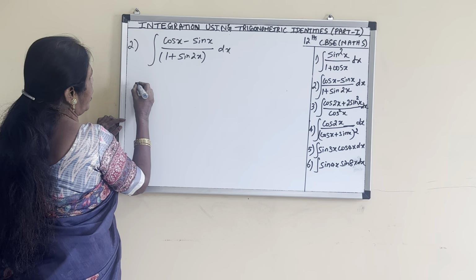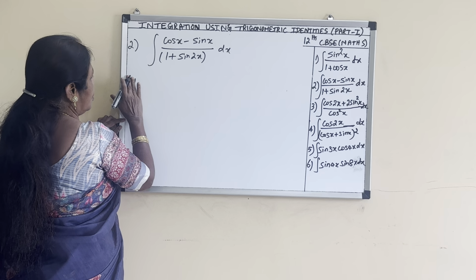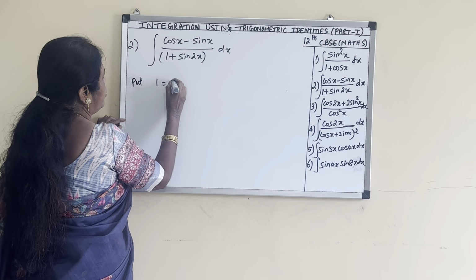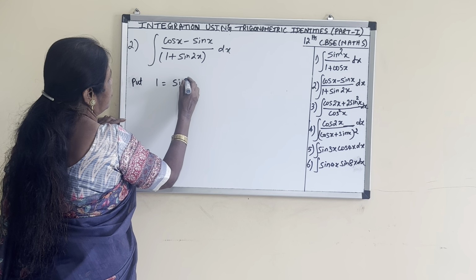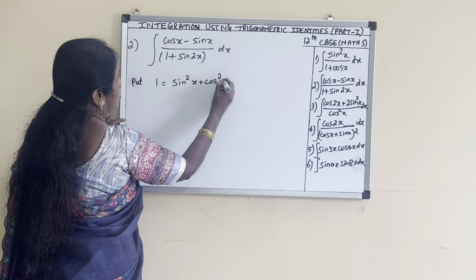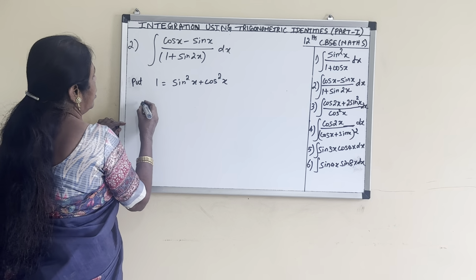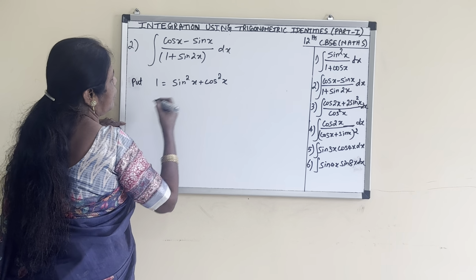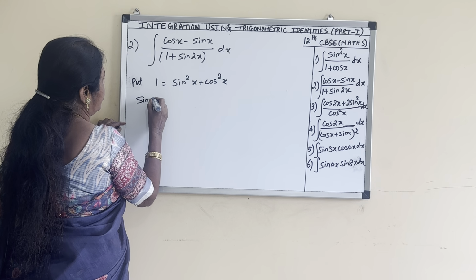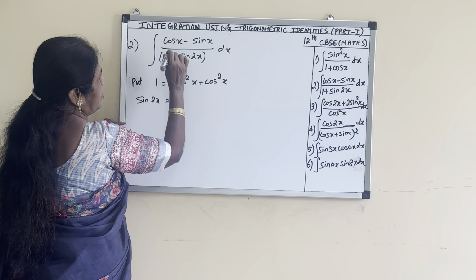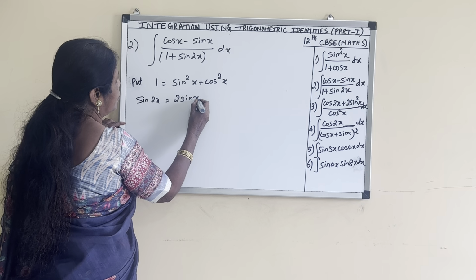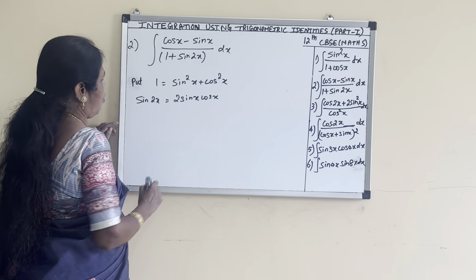So I want to write, let, or we can use the word put, 1 equal to sin squared x plus cos squared x. Right? And next, in the place of 1, I will be writing sin squared x plus cos squared x. Next, sin 2x formula. I want it in terms of, what is the one and only formula? 2 sin x cos x, which is in terms of sin and cos.